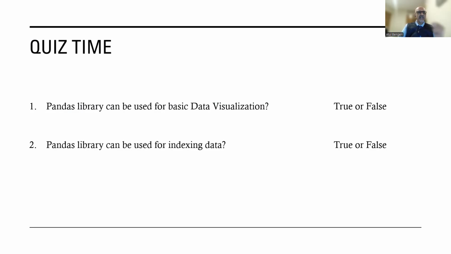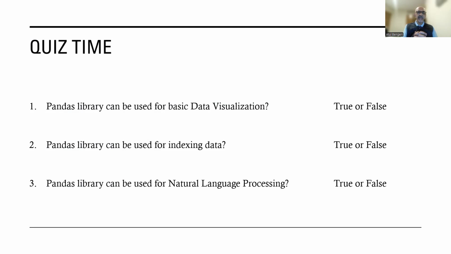Second one: the pandas library can be used for indexing data. True or false? Put it in the chat. Okay. The third question: the pandas library can be used for natural language processing. True or false? Well, this is something which will help you really understand what the pandas library is used for when we talk about Python programming.